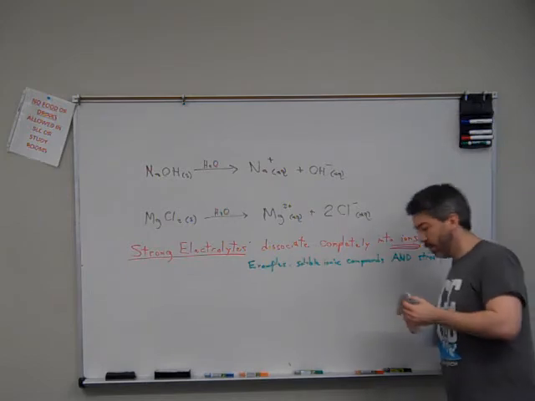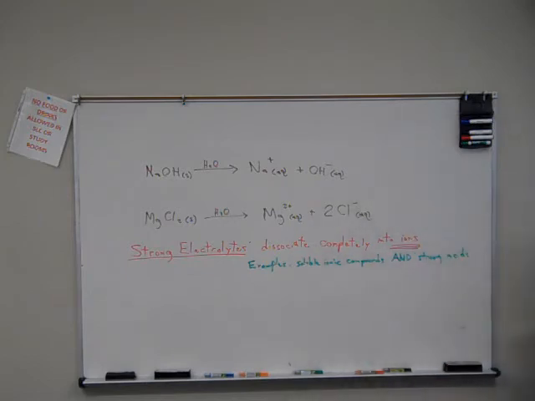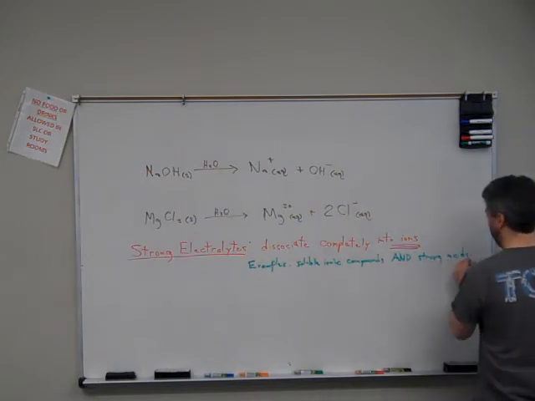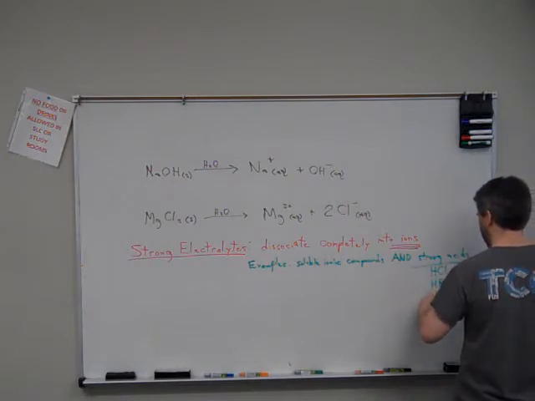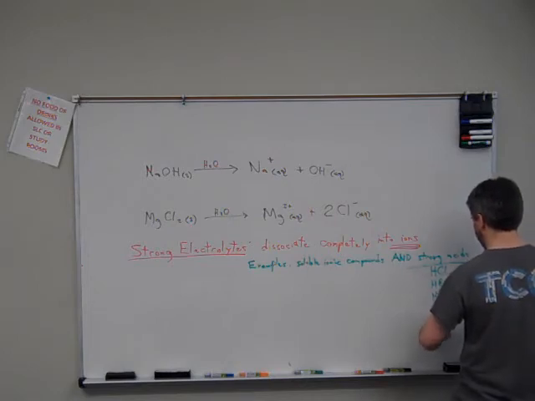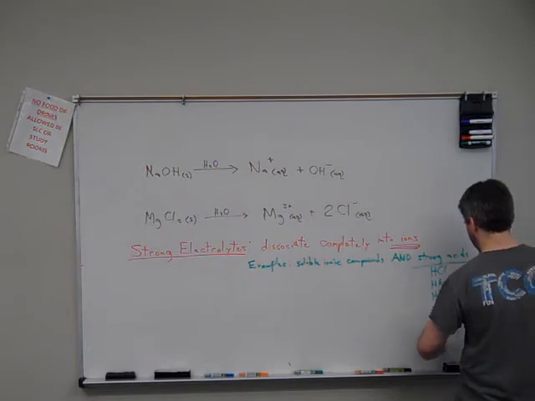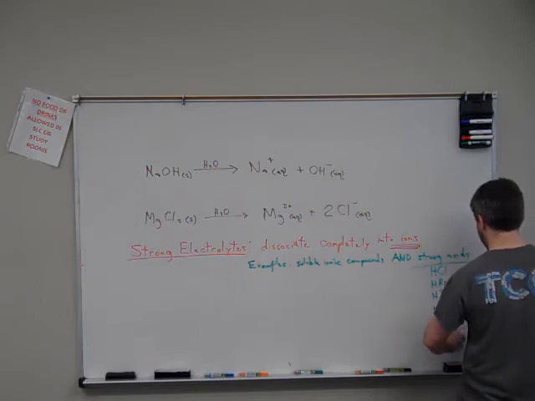So strong acids would be like HCl, HBr, HI, and yes, unfortunately, you have to memorize the strong acids. So I'll list them out real briefly here. The strong acids: HClO3, HClO4, H2SO4, HI, HBr, HCl, HNO3.